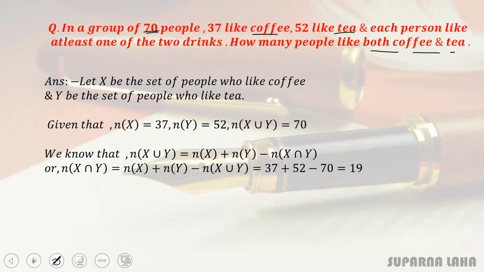That means this is 19. So the answer is that 19 people like both coffee and tea. Okay, and this is the question from this exercise 1.6. So moving to the next part.